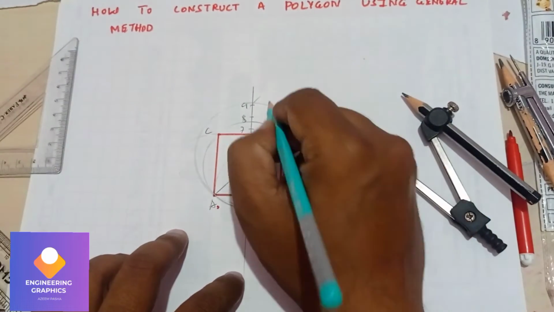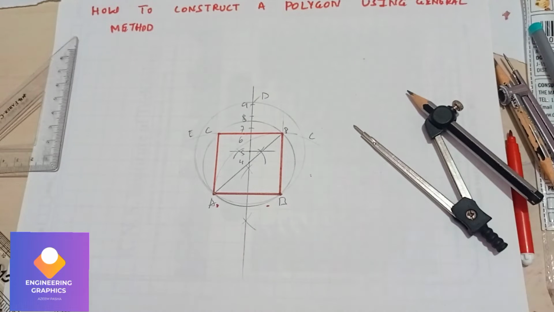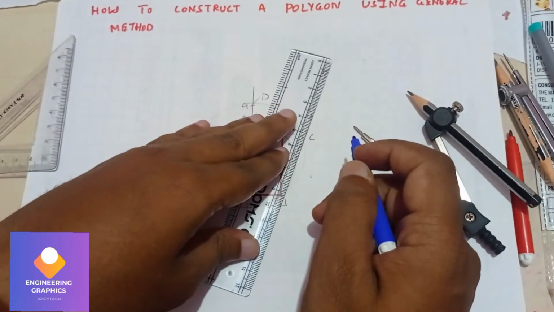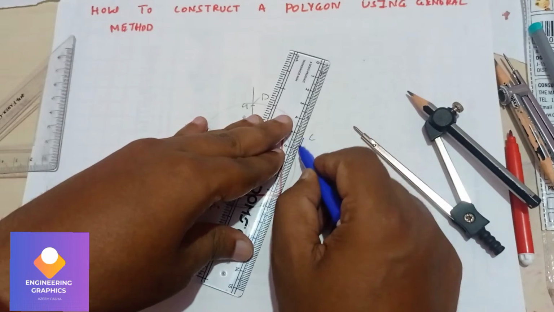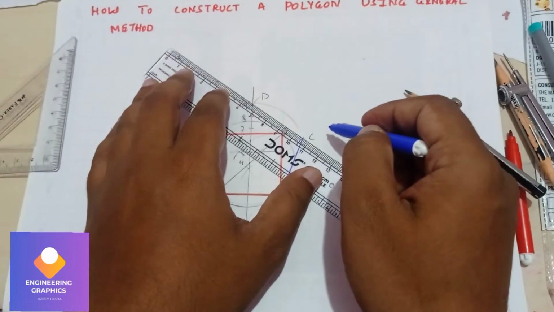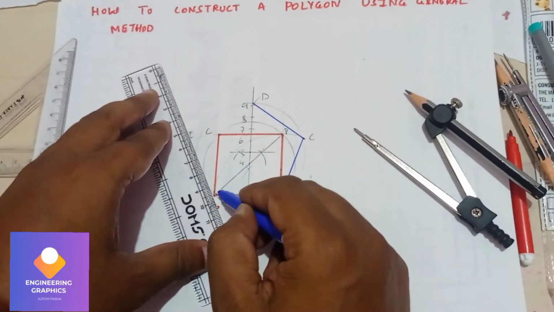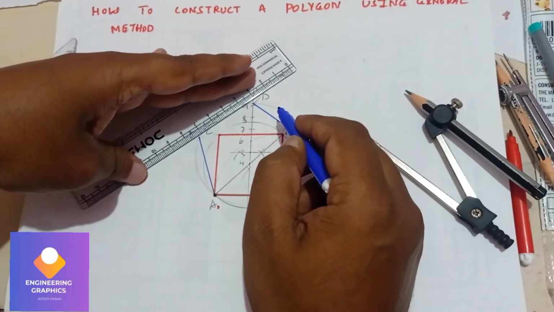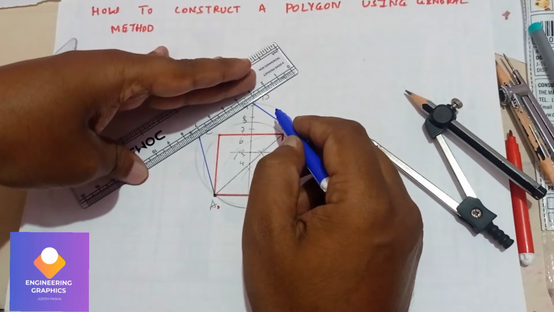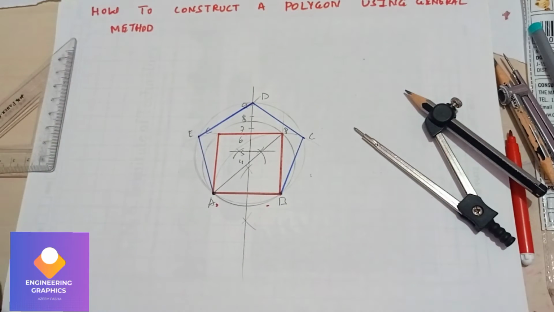These points are C, D and E. Now you join. So the pentagon is constructed.